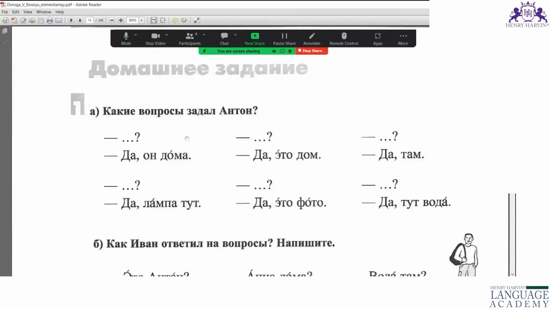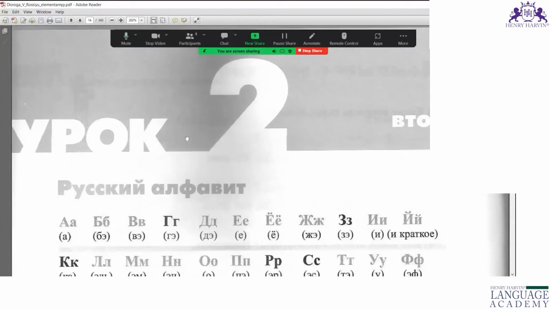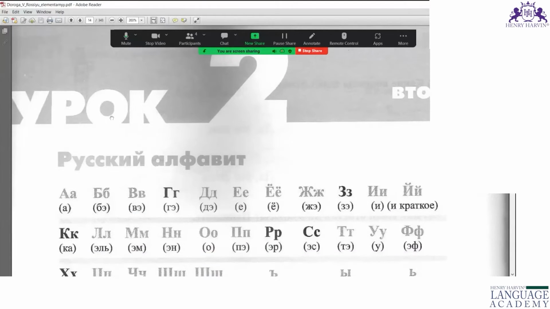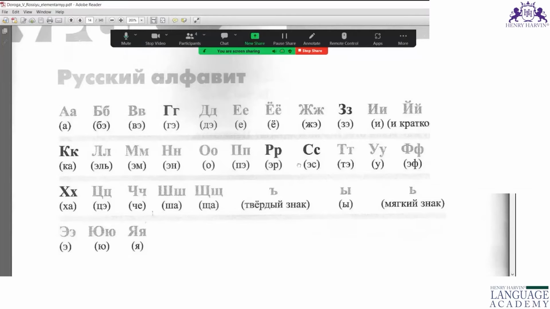Okay, so let's jump to the next lesson then. Урок 2 или второй урок. Урок is lesson, да? Today we have only 6 letters: Г, З, К, Р, С, Х.